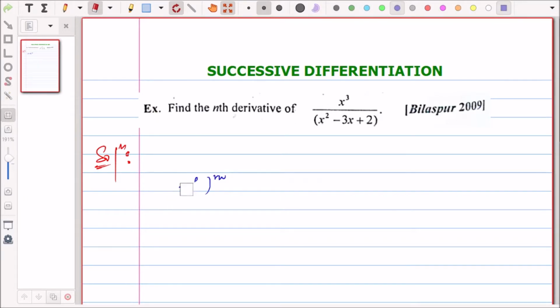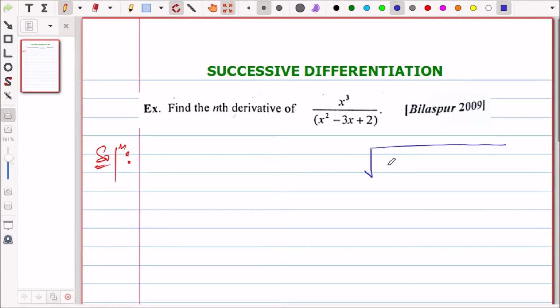Because the degree of the numerator is greater than or equal to the degree of the denominator, whenever that happens, you will first divide by the denominator. Let us just divide this.